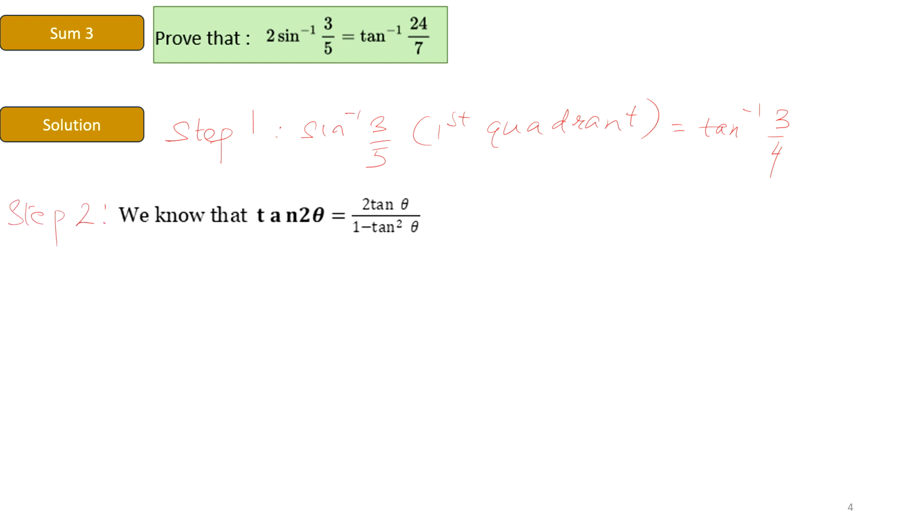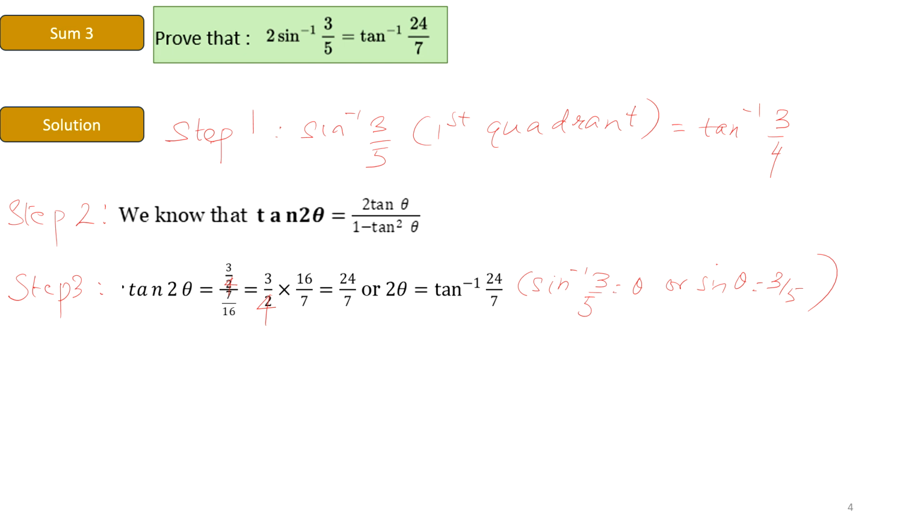Tan 2 theta is equal to 2 tan theta by 1 minus tan square theta. In step 3, we replace the value of tan theta in the RHS of the equation. At the end of step 3, we see that 2 theta is equal to tan inverse 24 by 7.